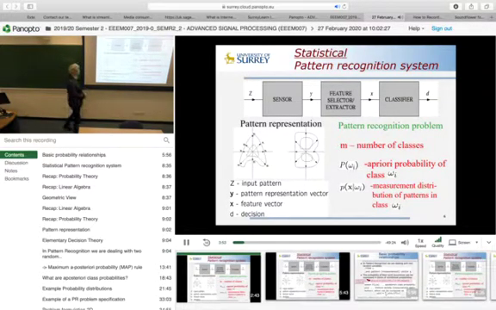So a few bits of notation here. Often we'll use M as the number of classes. You don't have to use these letters, but many texts will tend to standardize on certain notation, which makes it easier to read from one paper to another. Omega is typically used to indicate a class.